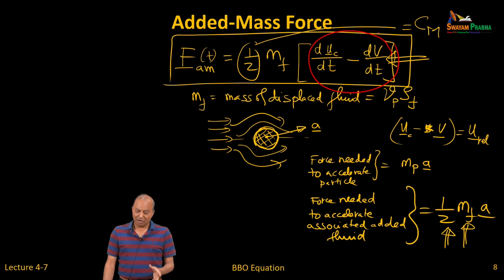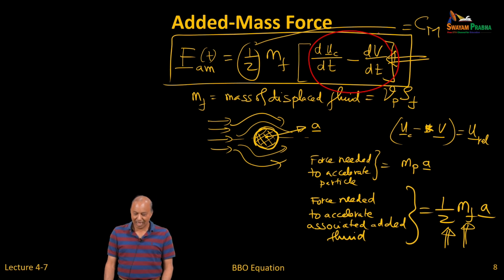We could think in terms of the fluid stationary and the particle accelerating, or the particle stationary and the fluid accelerating, and it does not matter because only the difference matters. One way to think of it is move with the fluid, or move with the particle and look at the relative acceleration seen by the particle.